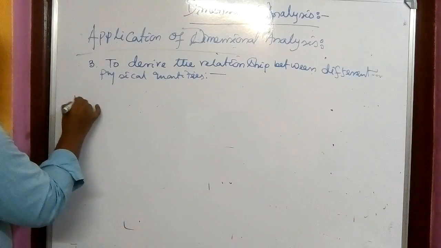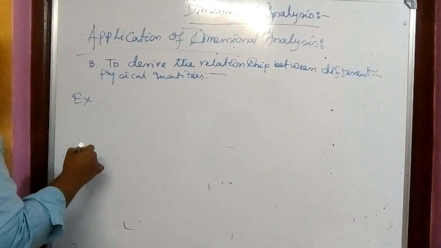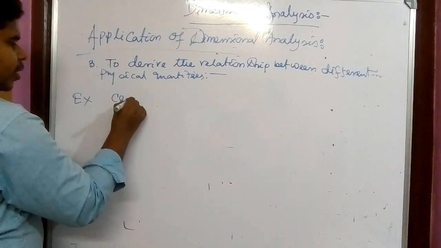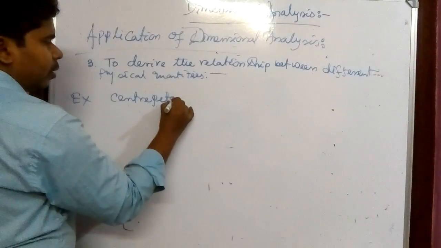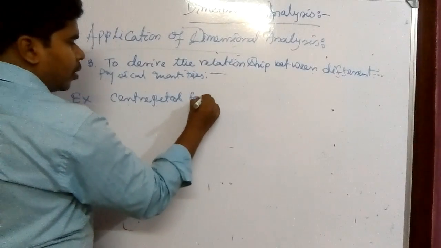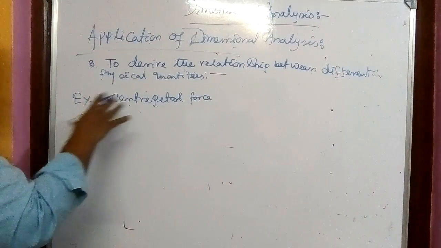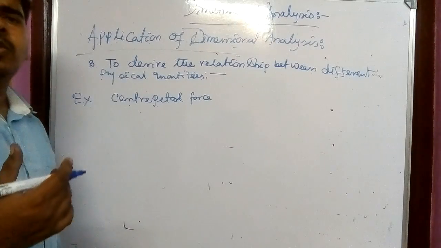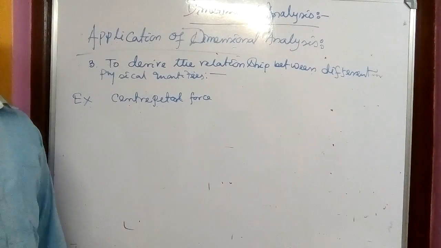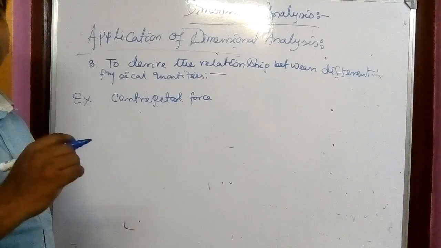Assume one example is given to you, that centripetal force. Now one thing I mentioned, by the name, the students of ICSE board, they can relate themselves, but CBSE maybe they cannot relate themselves.